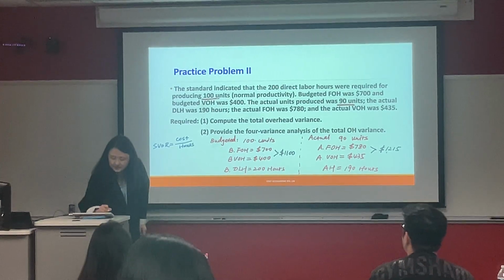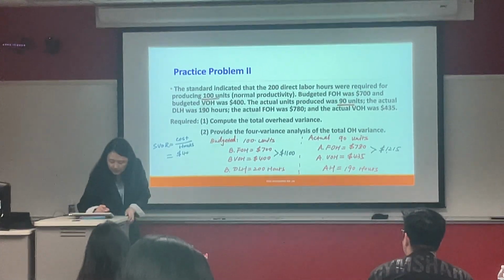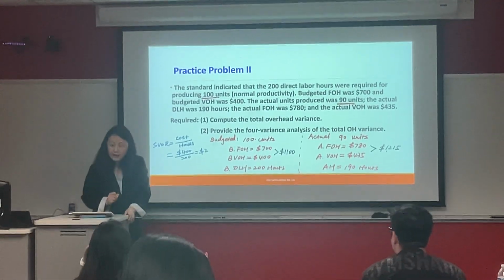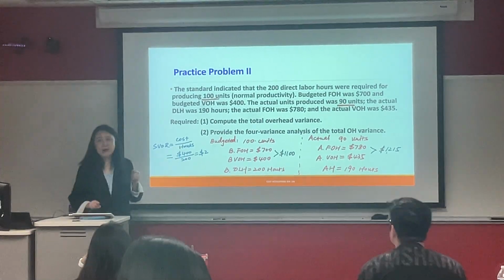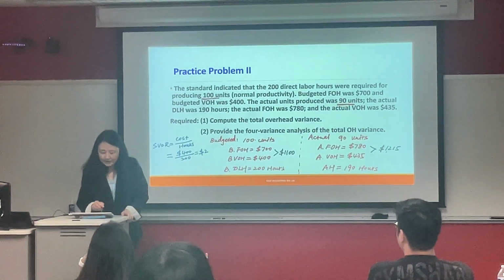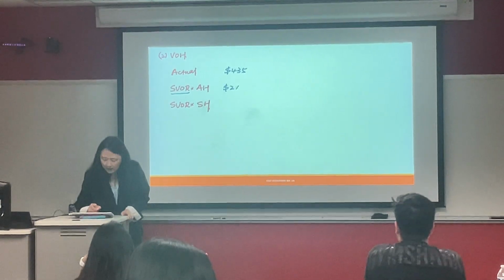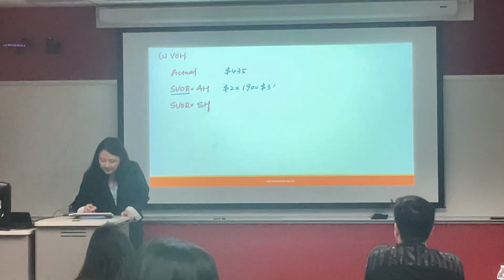So that will be 400 over 200, and that's 2. It's a cost per direct labor hour. Then actual is 190, so 2 times 190 is 380.